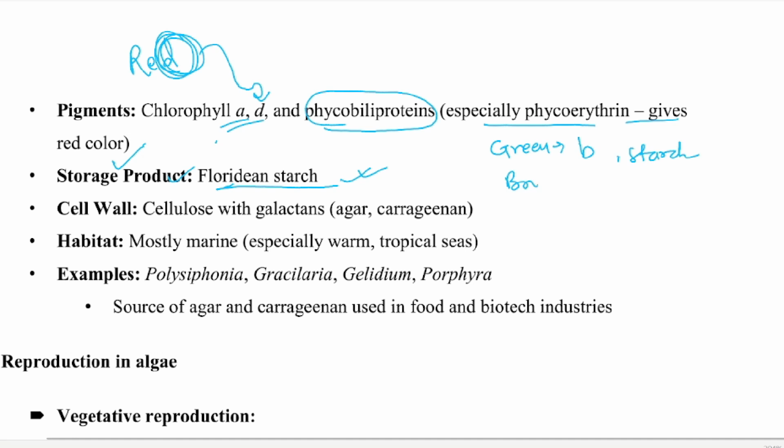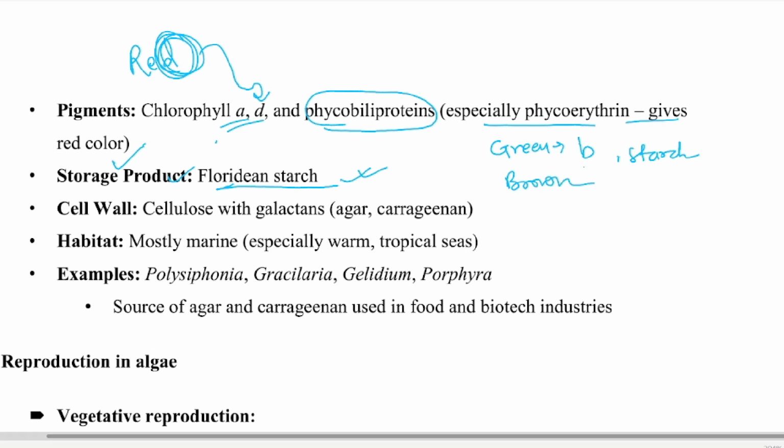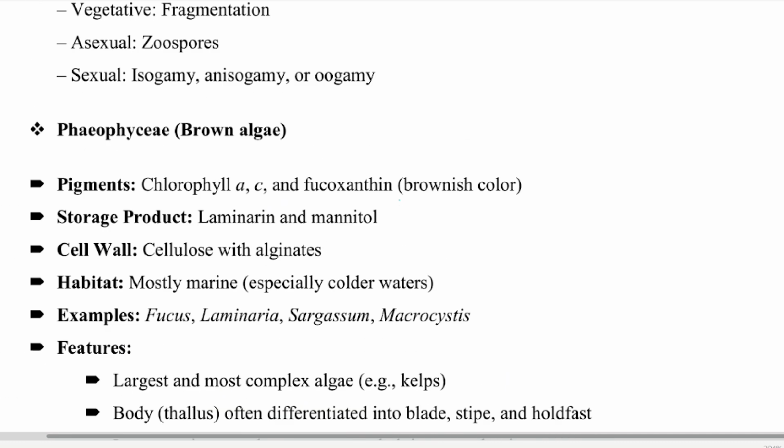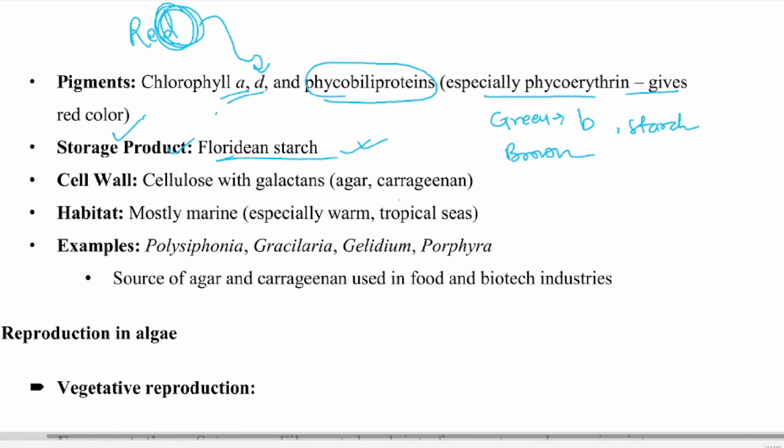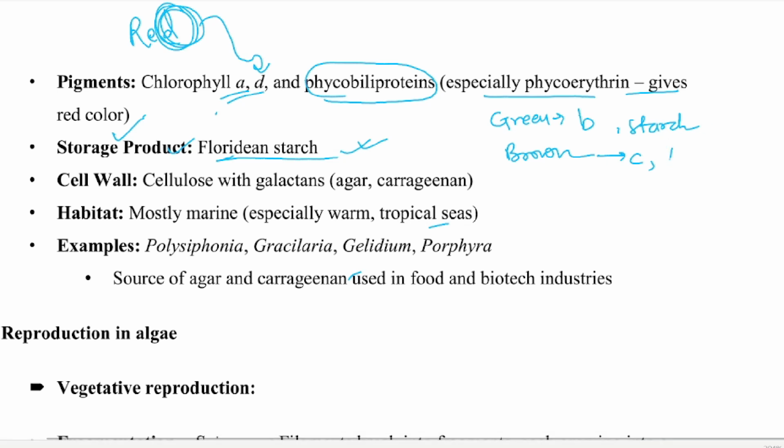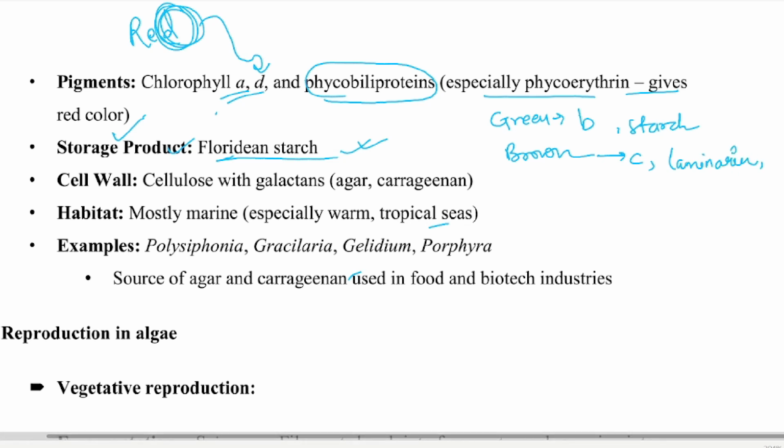And in case of brown algae, it's called with the chlorophyll C. Okay, very simple, chlorophyll C, and it has the reserve food material as the laminarin, mannitol, and likewise fucoxanthin is another pigment.